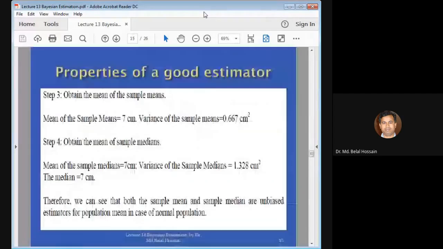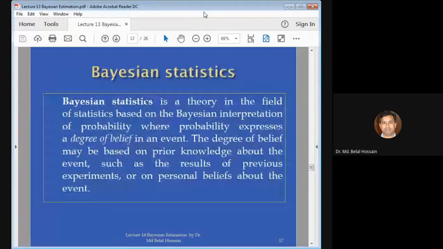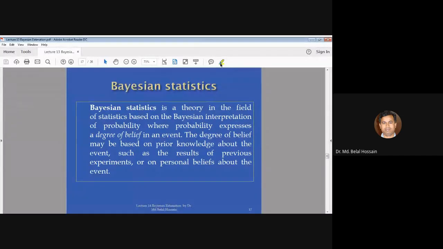And another estimation procedure we have, that is we call Bayesian estimation. In broad sense, we call it Bayesian statistics. But the basic difference is that in general estimation theory, when we write a density function or PDF, how do you write a PDF?